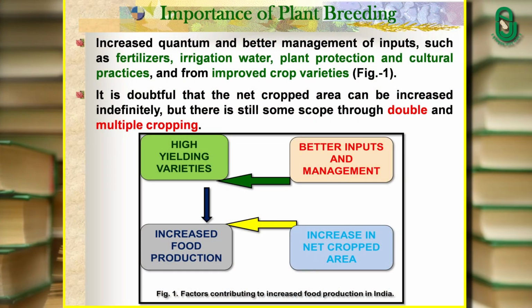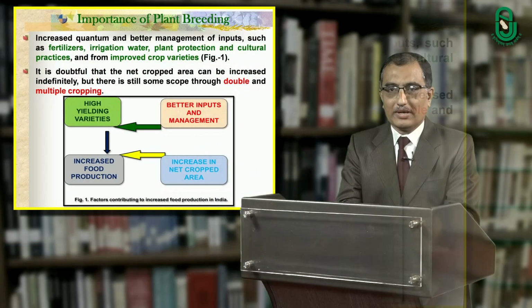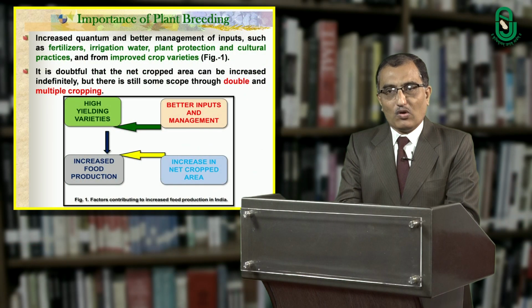Now friends, what are the ways and means by which we can increase food production? Increased quantum and better management of inputs such as fertilizer, irrigation, plant protection measures and various cultural practices can increase it on one hand, but only up to some extent. While with improved varieties, we can increase per day productivity or per unit productivity, and that is the aim of plant breeding.